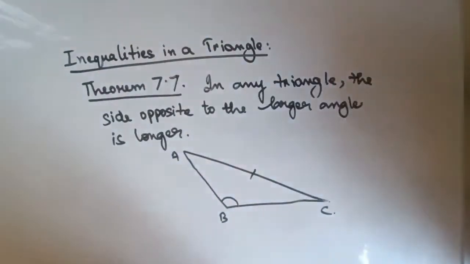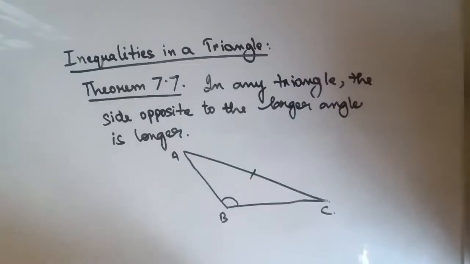Next is Theorem 7.7, which states that in any triangle, the side opposite to the larger angle is longer. It is the converse of Theorem 7.6.